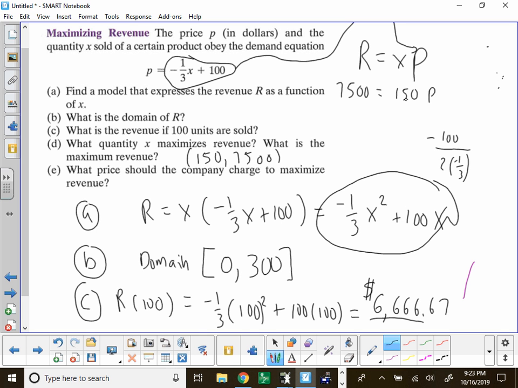So 150 times what makes this? Well, it'd be 50. So you divide that into there, it's 50 times. So the price would be $50. Because 50 times the 150 makes this. I'm going to pause this for a second and then talk about the next problem.